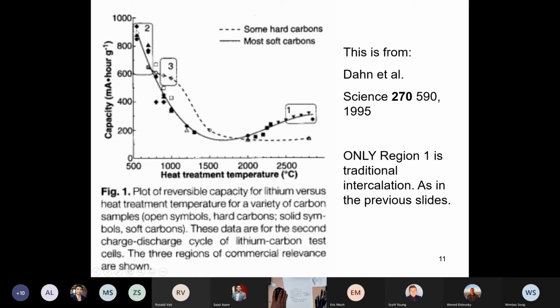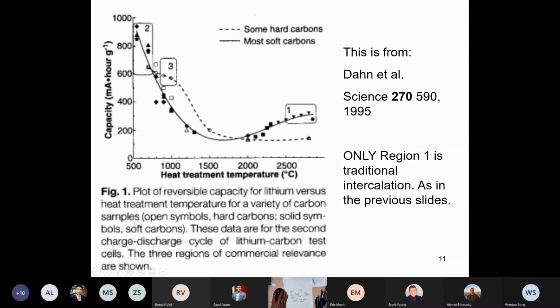So if you start with one set of precursors and you heat to 500 degrees C, lo and behold, you get this massive specific capacity, 800 or 900 milliamp hours per gram. Why aren't these used in lithium ion cells if they're so enormously huge capacity?